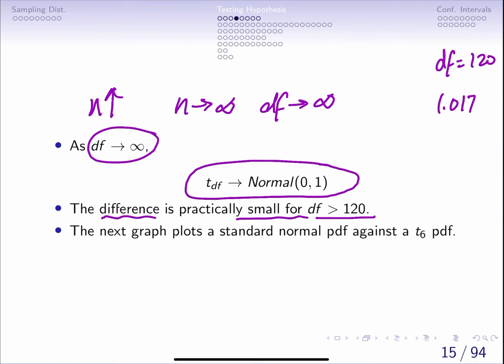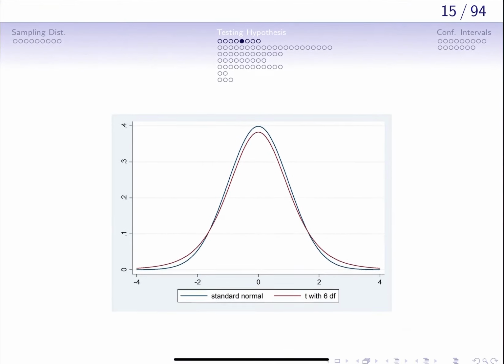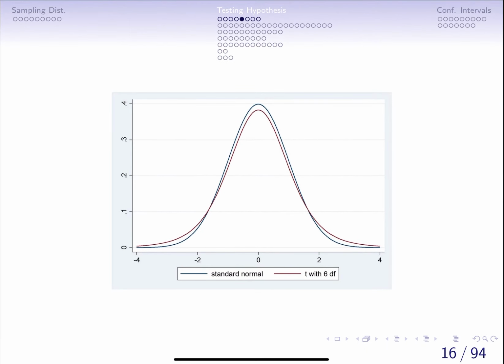And we can take a look at a graph, for example, that compares the standard normal probability density function against a t distribution with just 6 degrees of freedom. Okay, so hopefully we don't have that. But you see that there's this nice bell shape also for the t distribution centered around 0. And the variance, the spread of these two distributions, varies a little bit.